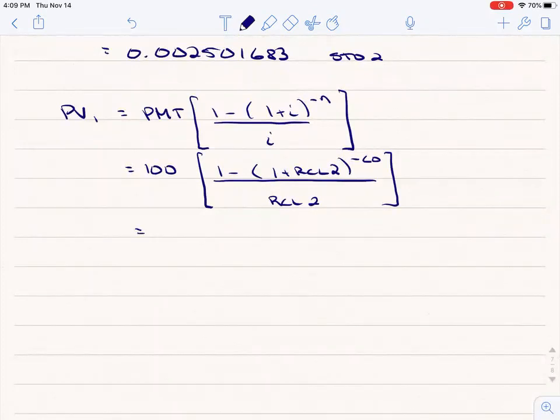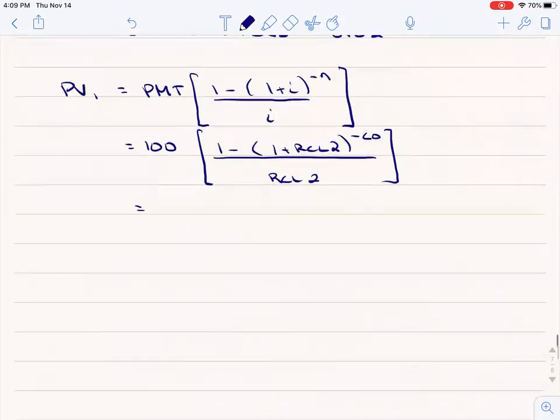Starting inside the little brackets and blooming out, we get 1 plus recall 2 to the power of negative 60, 1 minus that, divided by recall 2, times 100. I'm not showing any steps because this is probably what you'll end up doing anyways. We showed them earlier, so I'm not too concerned.